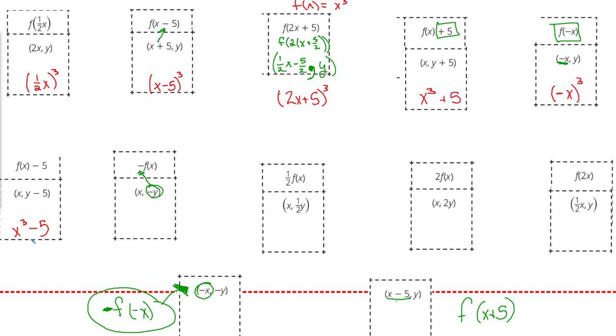Outside, so it's not in the parentheses with it. Negative X cubed, 1/2 X cubed, 2X cubed, and this one is 2X, that quantity cubed.